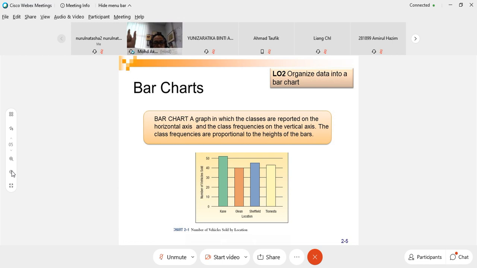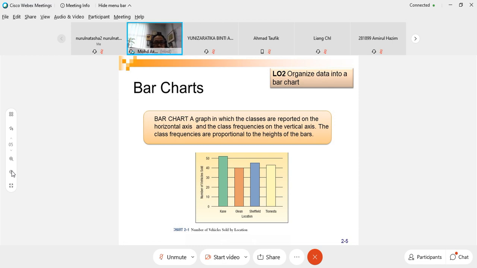Batang yang bersusun-susun. So tadi kita ada 4 location: Keynes, Olean, Sheffield dengan Tionesta. Each location kita represent dia punya value. Value untuk Keynes, jualan dia ada 52. Untuk Olean 40. Untuk Sheffield 45.